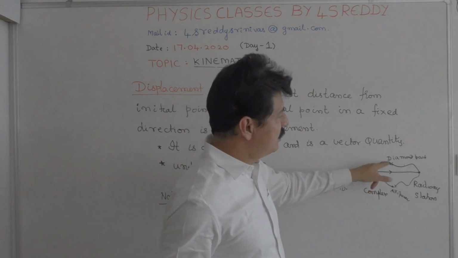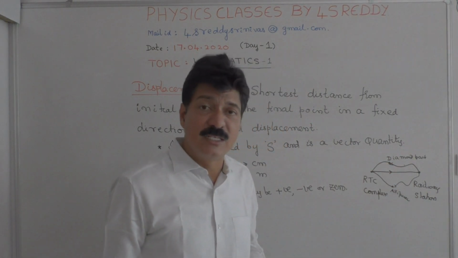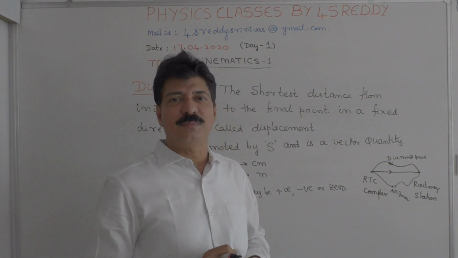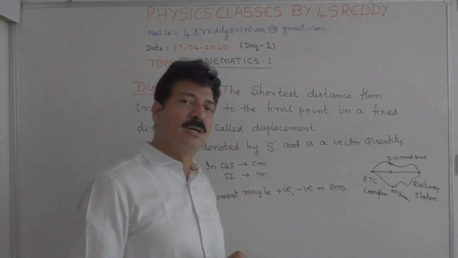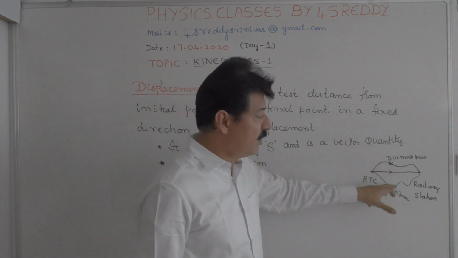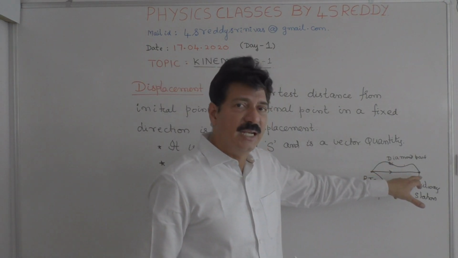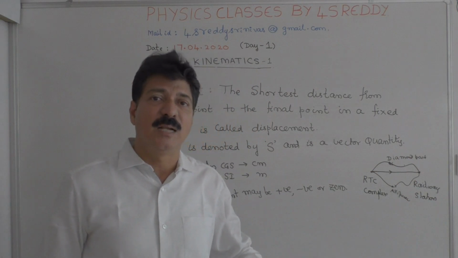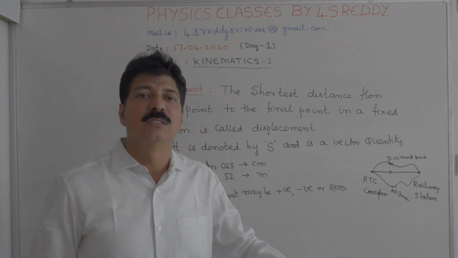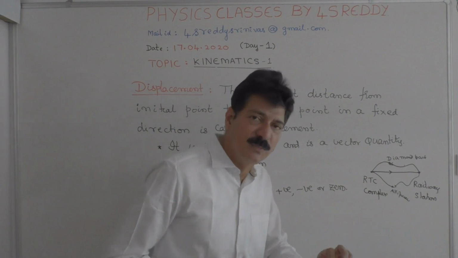If you give direction to any other path, is it called displacement? No. The shortest of all these paths is the straight line joining the initial and final points. Along that path, if you mention the direction, then only it becomes displacement.